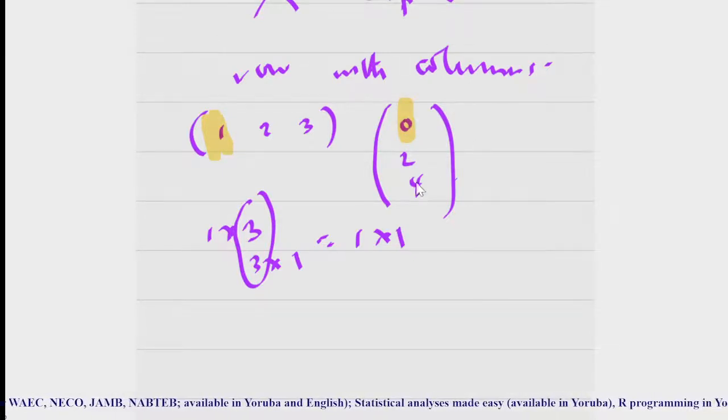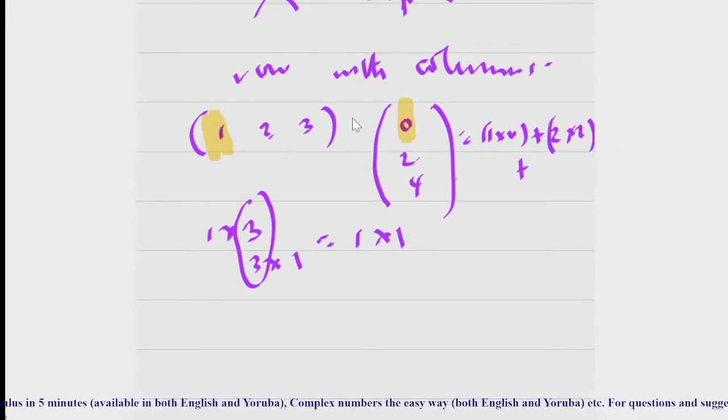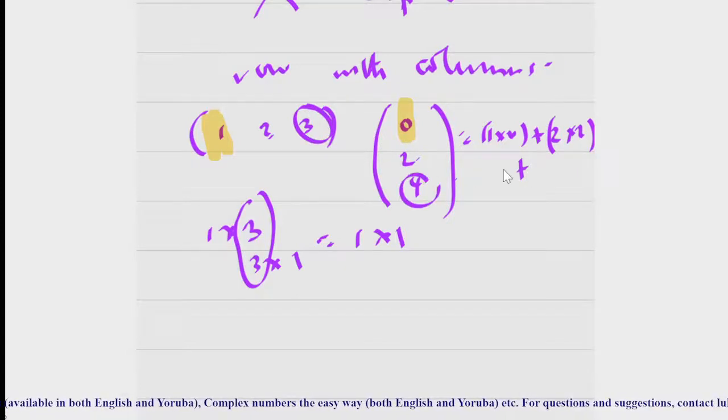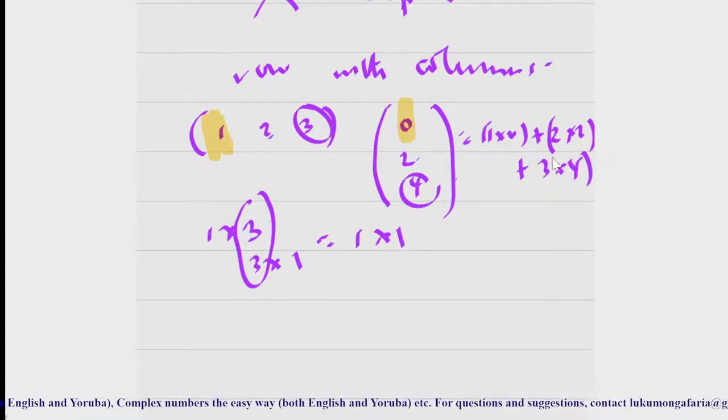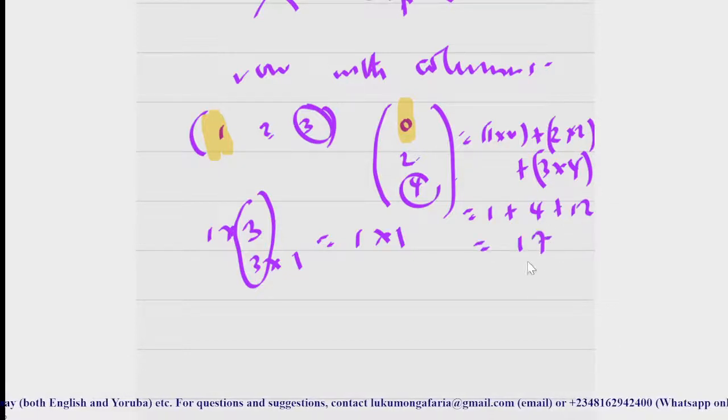That will give me 1 times 0, plus the second element of this row multiplied by the second element of this column, that will be 2 times 2. Then lastly, this one multiplied by this one, that will be 3 times 4. So this gives me 0 plus 4 plus 12, and that gives rise to 16.